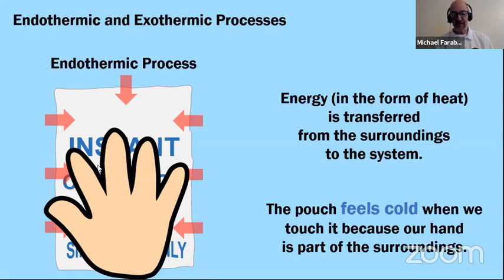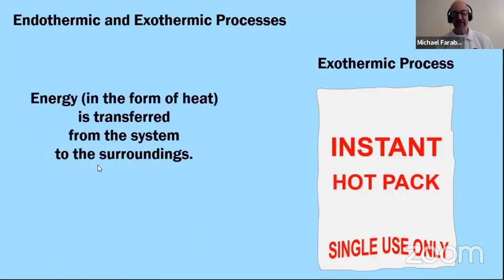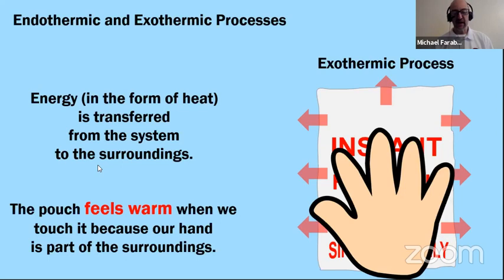The surroundings are everything else, the container and everything outside it. So for an instant hot pack, it's an exothermic process. Now energy is transferred from the system to the surroundings. And again, since our hand is part of the surroundings, we touch the hot pack and it feels warm. So let's be clear on the direction of energy flow.